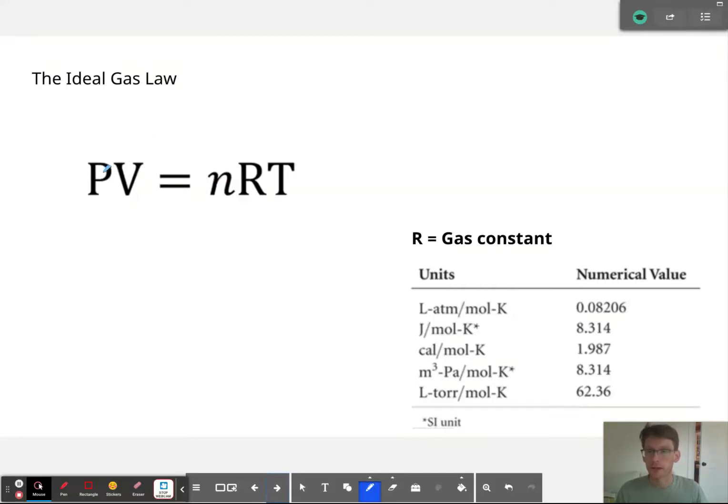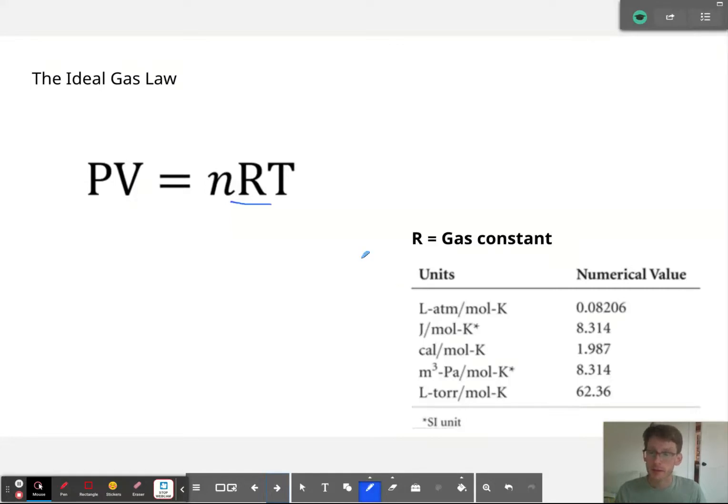So if we look at it, PV equals nRT. A lot of these are things that you already know. N, again, is the number of moles. What is different is the R. You've never seen R before. That is called the gas constant.